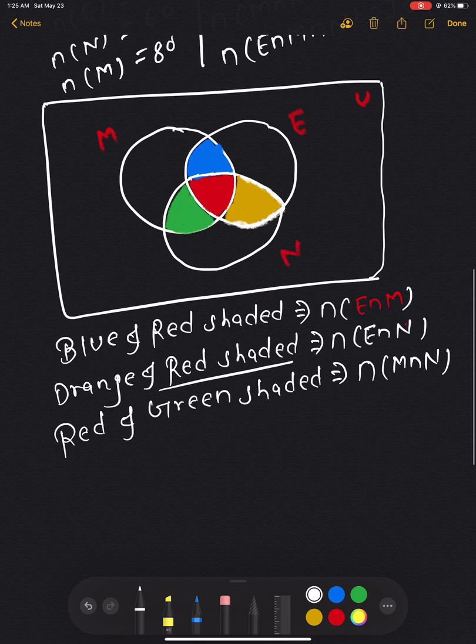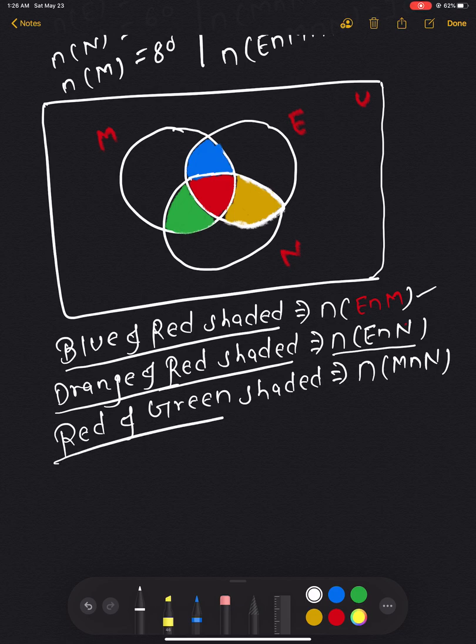So here the blue and red shaded part means your intersection of English and mathematics, and the orange and red shaded part means intersection of English and Nepali, and the red and the green shaded part gives you intersection of mathematics and Nepali.